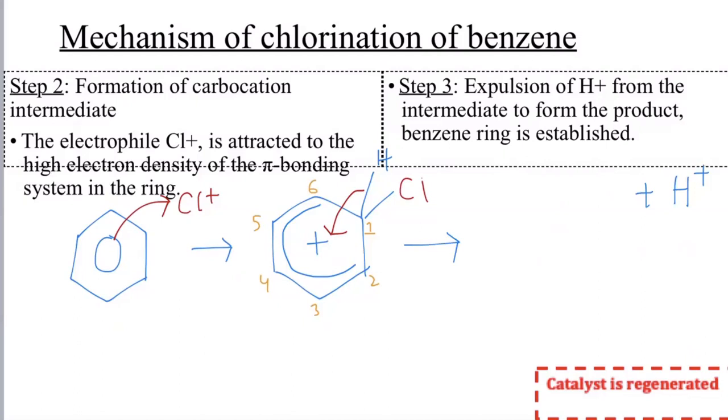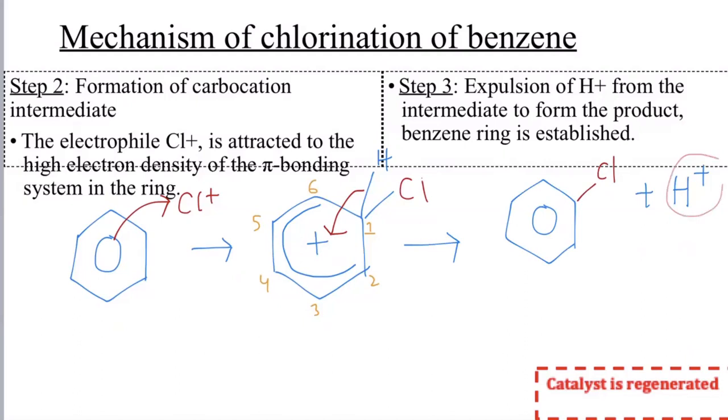Okay, so that means your product is what we call a chlorobenzene with that chlorine there. Are you happy? Okay, there is an additional section where it says the regeneration of catalyst H plus.